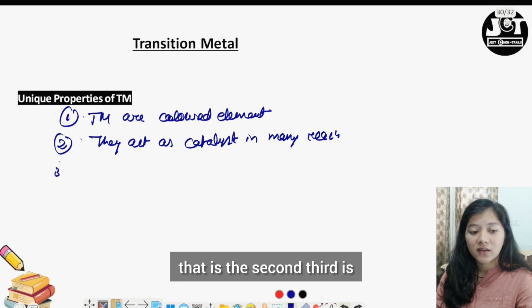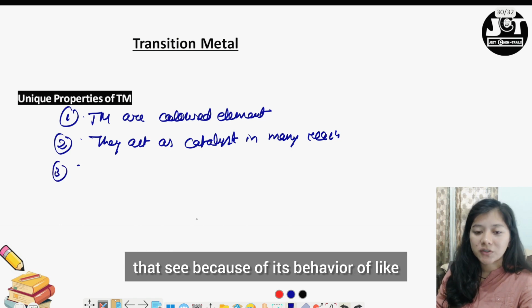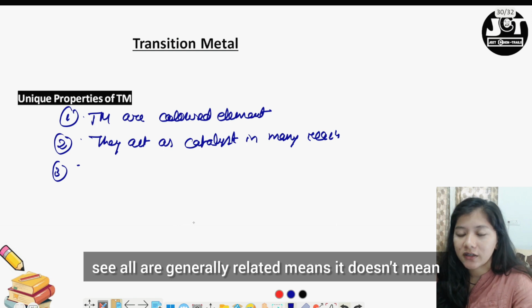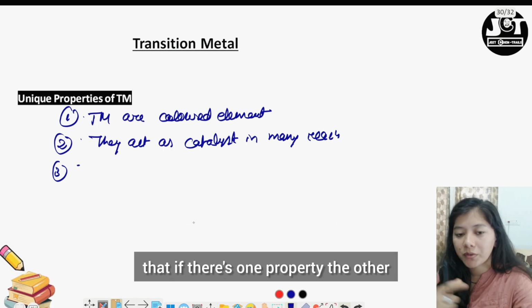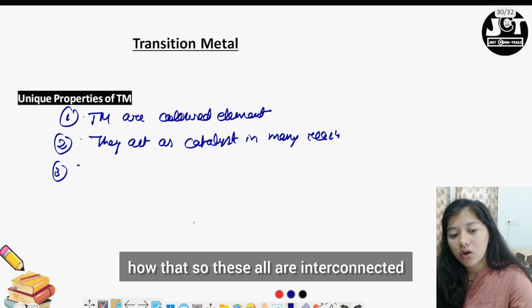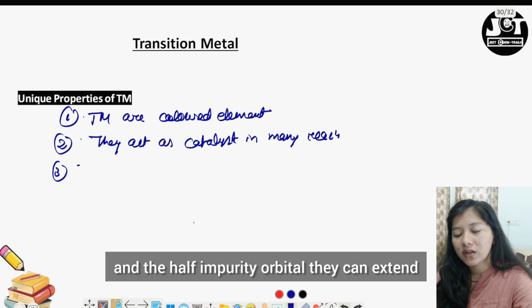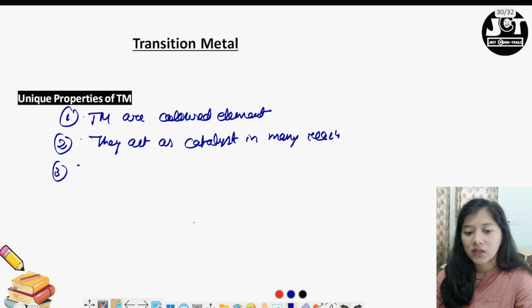Third, all these are generally related, meaning it doesn't mean that if there is one property the other is absent. These are all interconnected, and the main thing is that these transition metals have so many empty and half-filled orbitals. They can extend the number of electrons. That's why it happens.